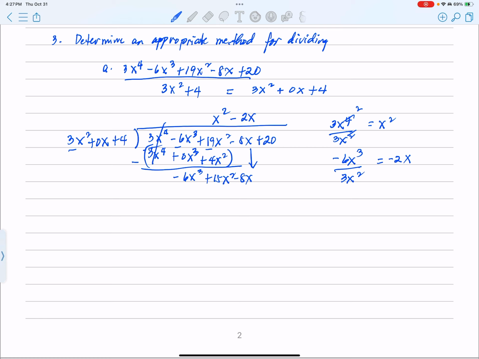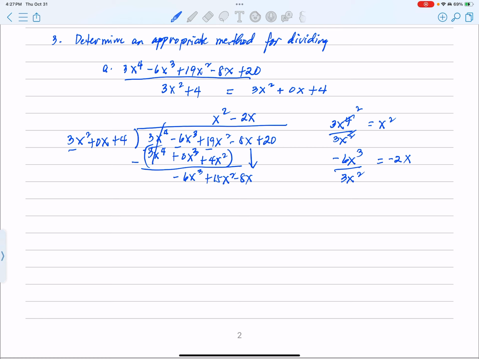Is there a missing term? There is, right? We don't have a constant value, and we miss the x to the third power. So that means we could rewrite that as negative x to the fourth plus 0x cubed plus 16x squared plus 2x plus the constant, which is 0.